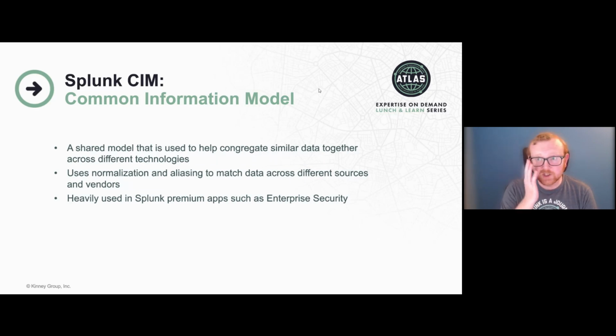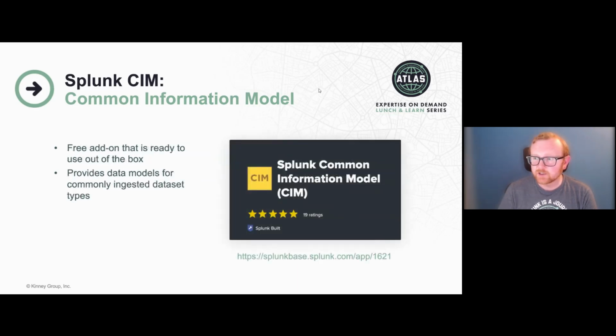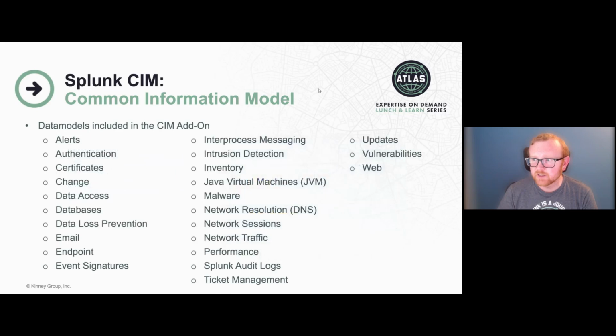So as we'll see in a little bit, it's essentially a list of data models that provides, and actually I'll save that for a couple slides. But this Common Information Model is a TA that's free to use on Splunkbase and provides data models for commonly ingested dataset types.